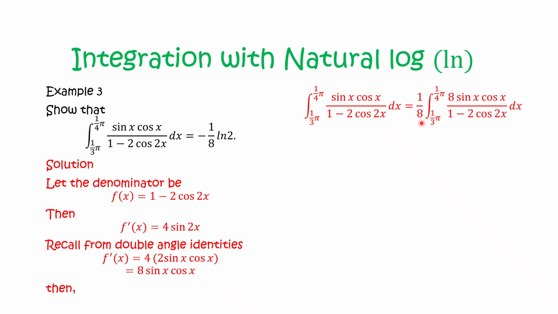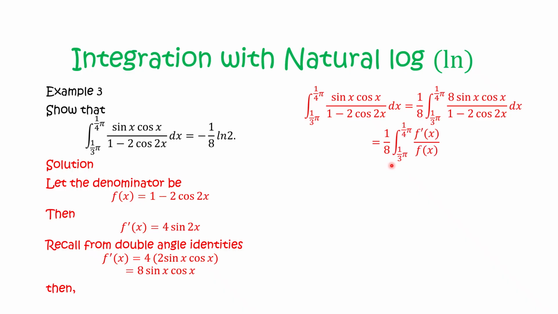So that is the same thing, but we want the derivative of the denominator to be 8 sine x cosine x. That's why we had to introduce the 8 and divide with the 8. So that is simple manipulation and getting to where we want to get to.